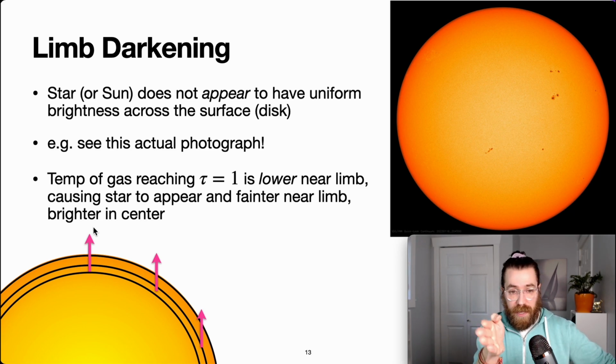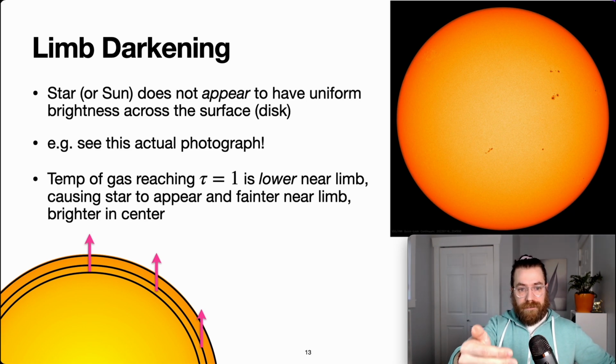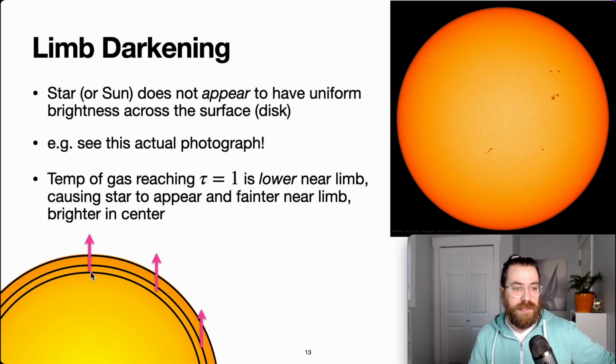When you're looking straight at the sun, in the center here, or this arrow here, the optical depth of 1 is this hot level. It's the 5700 Kelvin, 5800 Kelvin gas that you see right here, almost 6000 Kelvin.